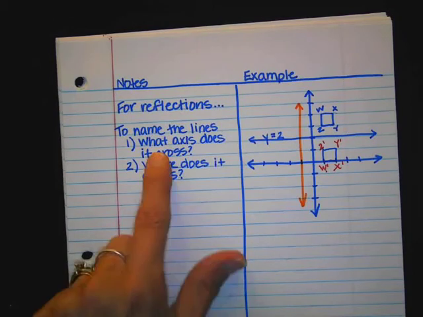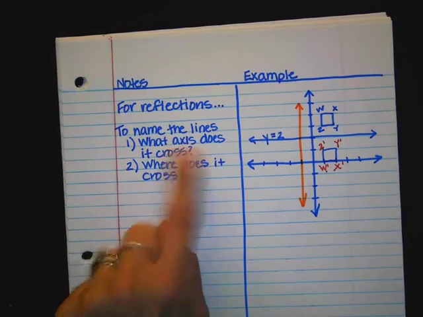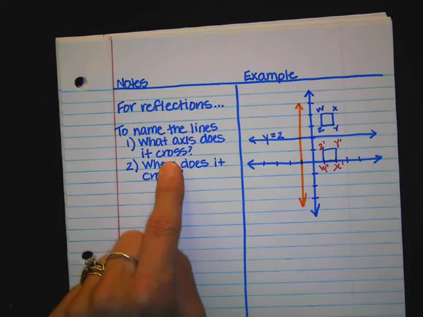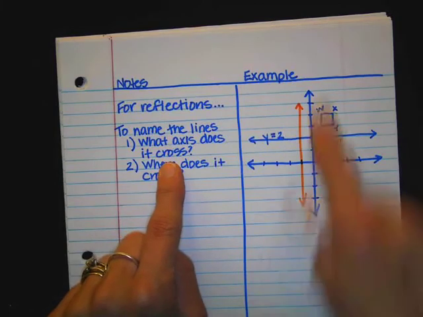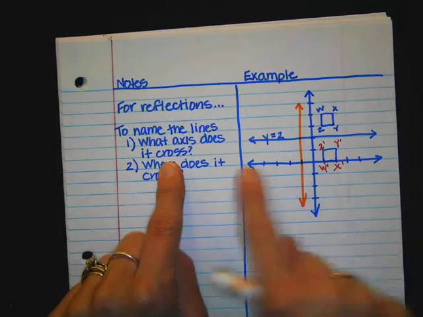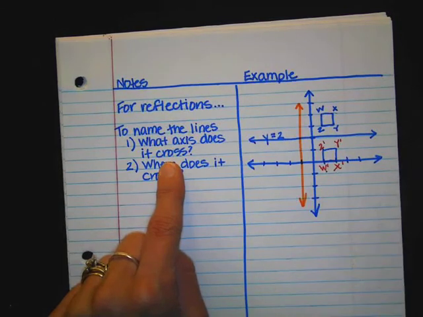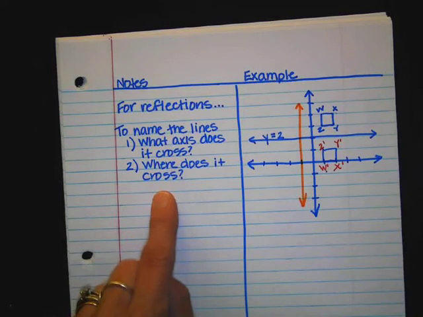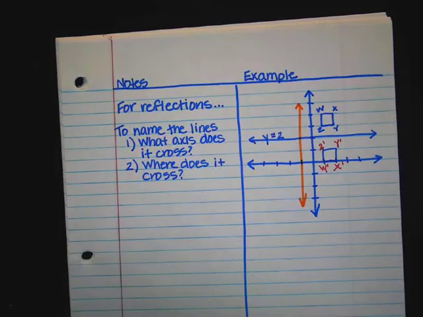First of all, ask yourself, what axis does it cross? Is it the y-axis or is it the x-axis? It crosses the x-axis. Where does it cross? At negative 1.